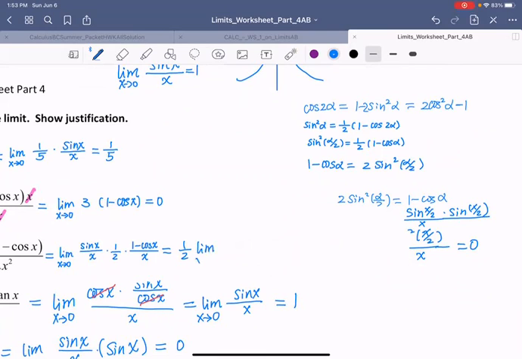Now limit x goes to 0. 1 minus cosine x is 2 times sine square x over 2. Correct? And then this bottom is what? It is x. Correct? All right.